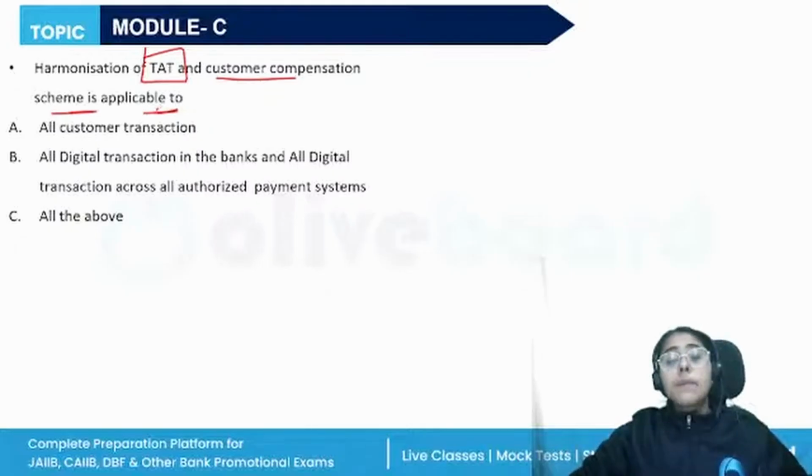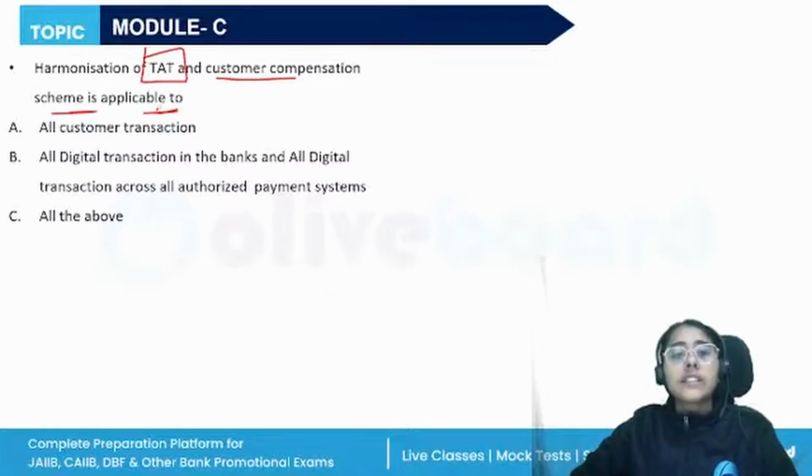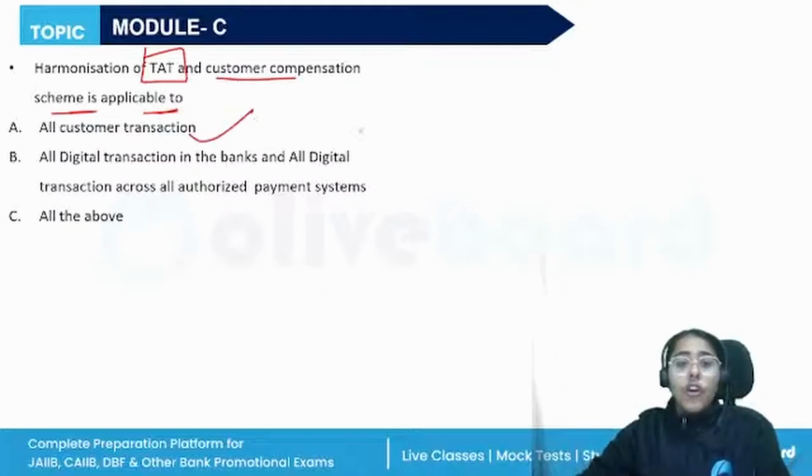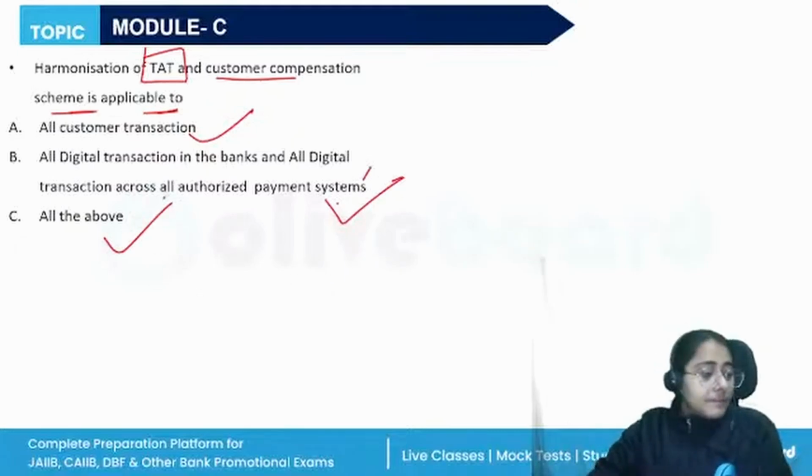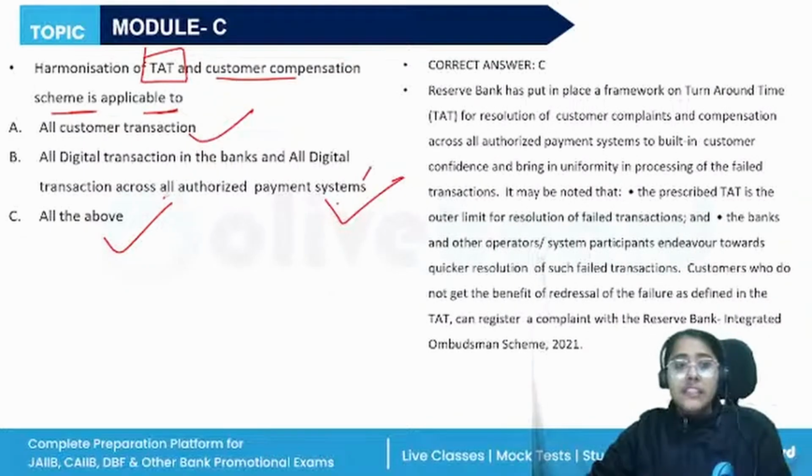Also regarding the compensation that has to be paid to the customer. So it is applicable to all the customer transactions, all the digital transactions in the banks and digital transactions across all the authorized payment systems, or option C, all of the above. So harmonization of turnaround time is for all of the above.